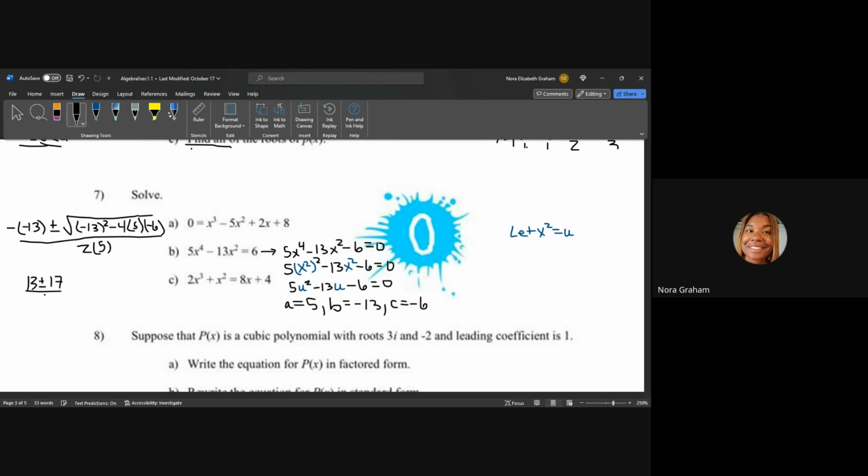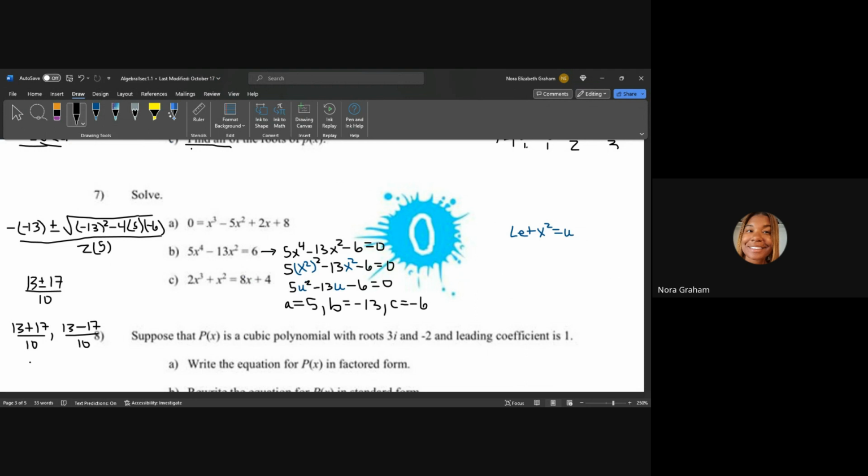And this is a complex number. All right, I can solve this down even more. If I break it apart, I'll have 13 plus 17 over 10. And then I'll also have 13 minus 17 over 10.